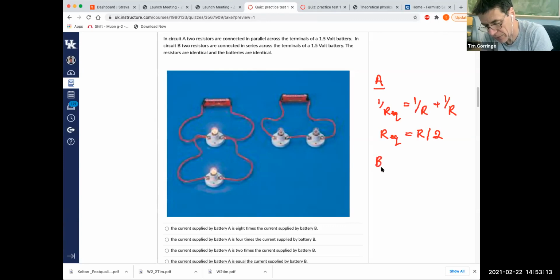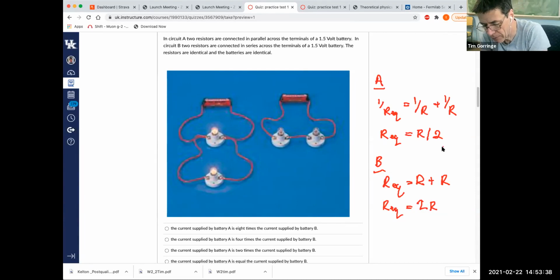Let's look at circuit B's equivalent resistance. Circuit B, the equivalent resistance, well, these resistors are now in series. So the equivalent resistance is just the sum of the individual resistances, the resistance R of the left-hand and right-hand light bulbs. So in that case, the equivalent resistance is 2R.